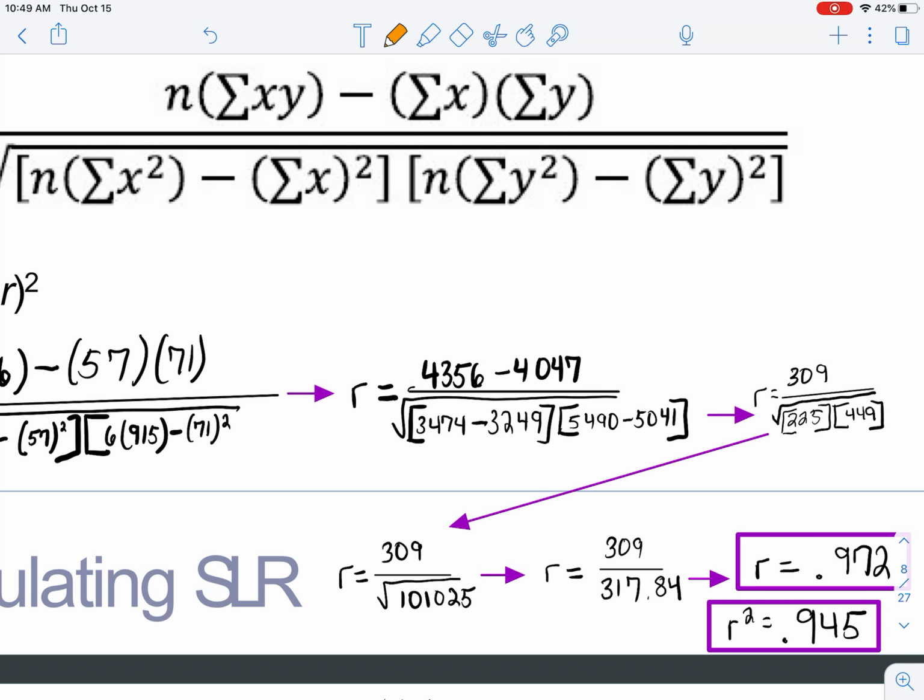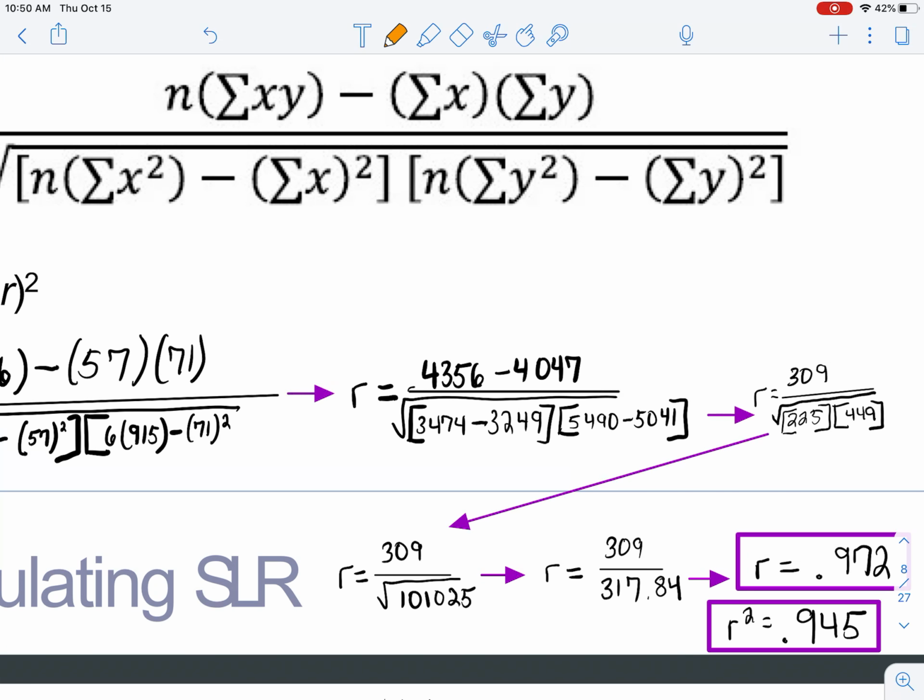I'm saying my x is very highly correlated and positively correlated with my y and vice versa. In order to find my coefficient of determination, all I have to do is square that number. And my coefficient of determination is 0.945.